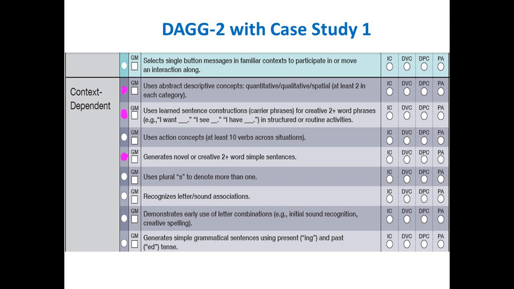So this is the area that we identified that we could work on with her with the eye gaze device. So in my goals and treatment plan, this is where we started. Part of what I like about this tool is we could see where she was currently and where we wanted her to be, and really have a cohesive tool to keep documenting her progress in.